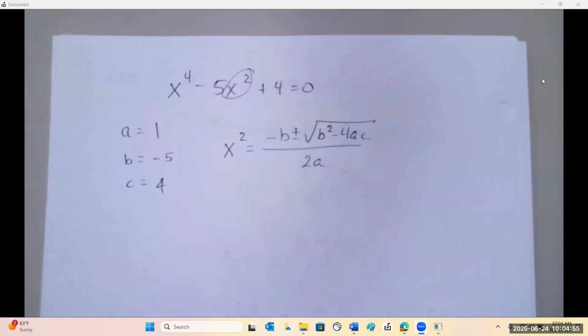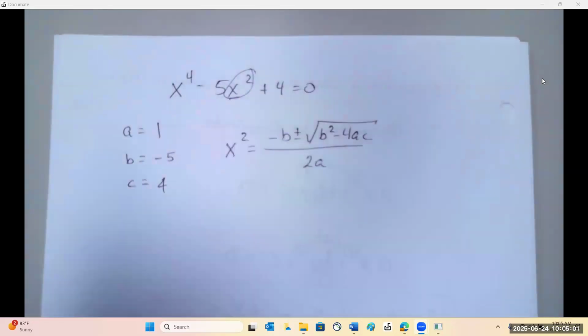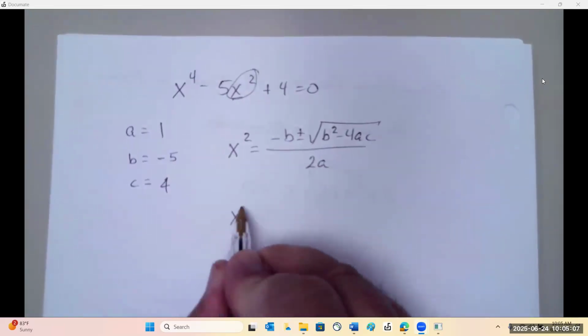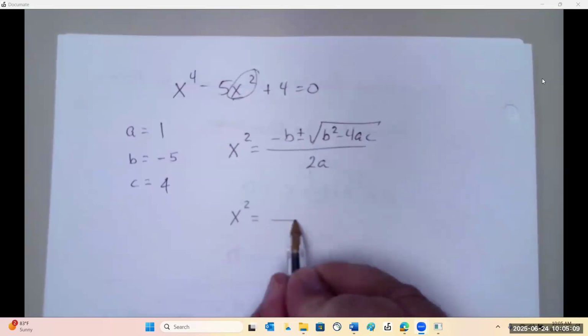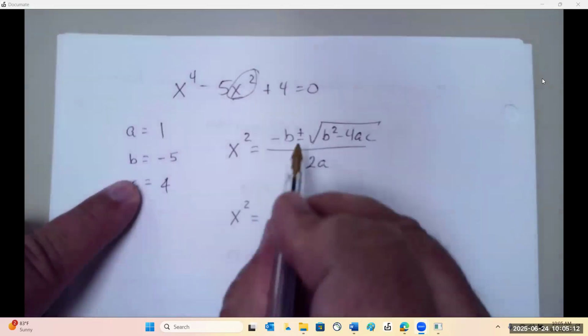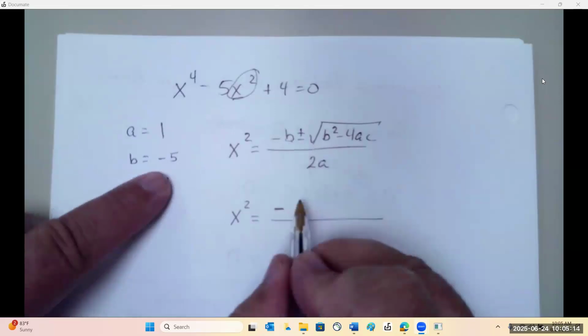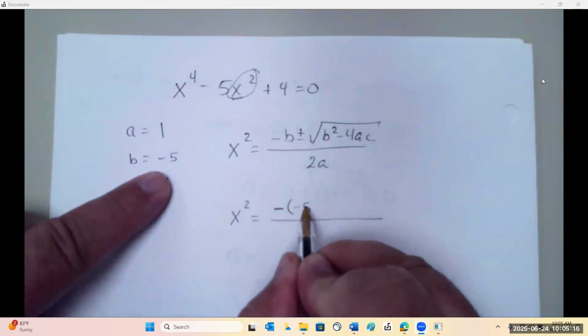I said 4 times now, 5 times now, that whenever you're solving quadratic equations, you're always solving for the middle variable. So there's the negative. What is B? B is -5.